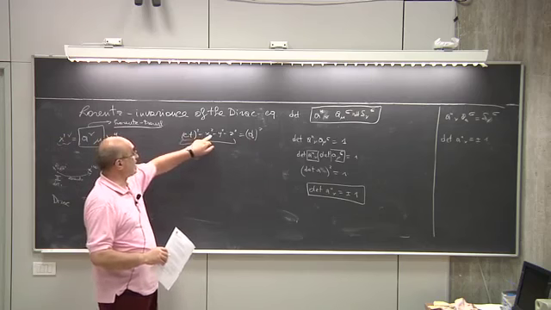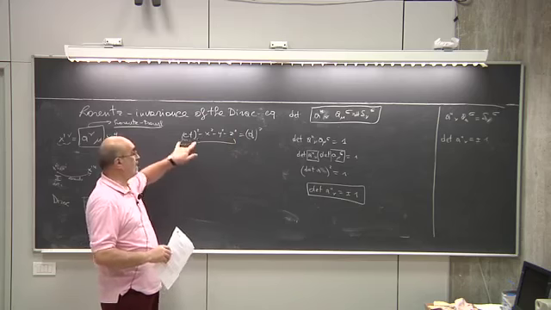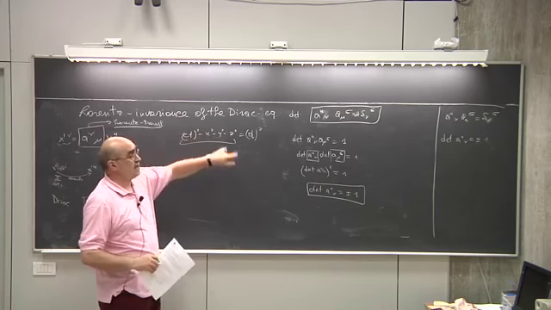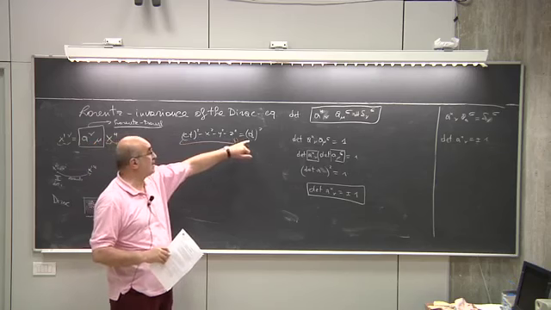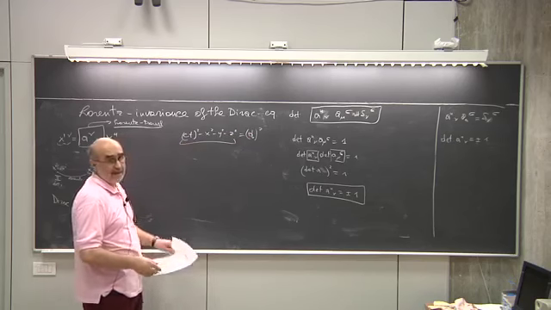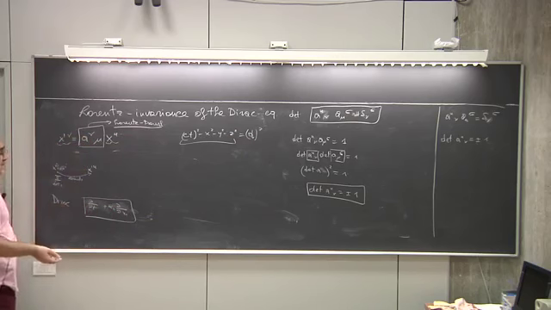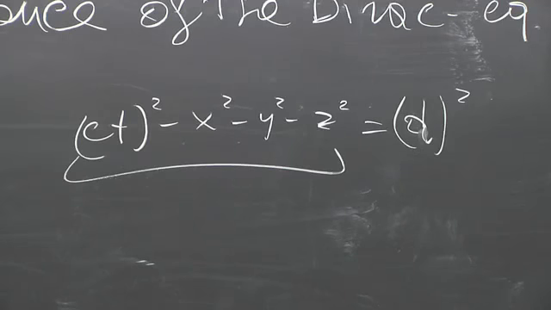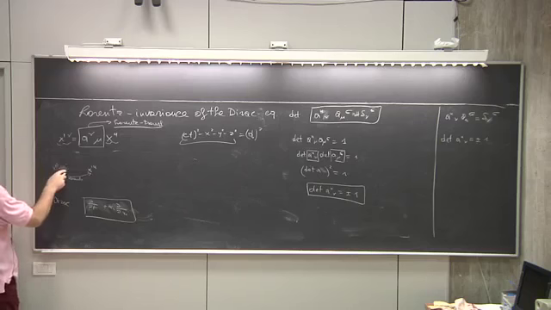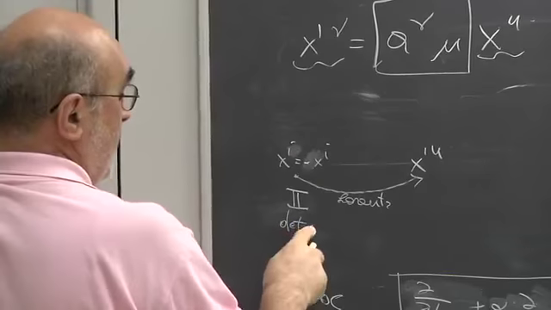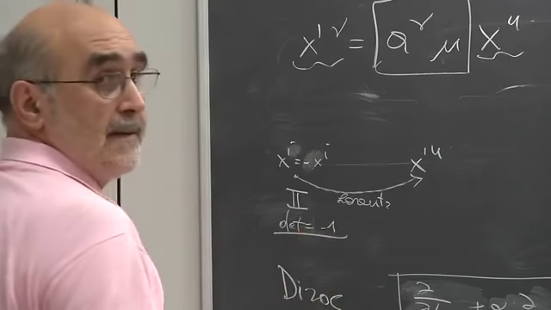So if you send x into minus x, y into minus y, z into minus z, and also x0 into minus x0, you still get an invariant distance. If I do it only on the spatial part, then the determinant of the transformation is equal to minus 1, right?